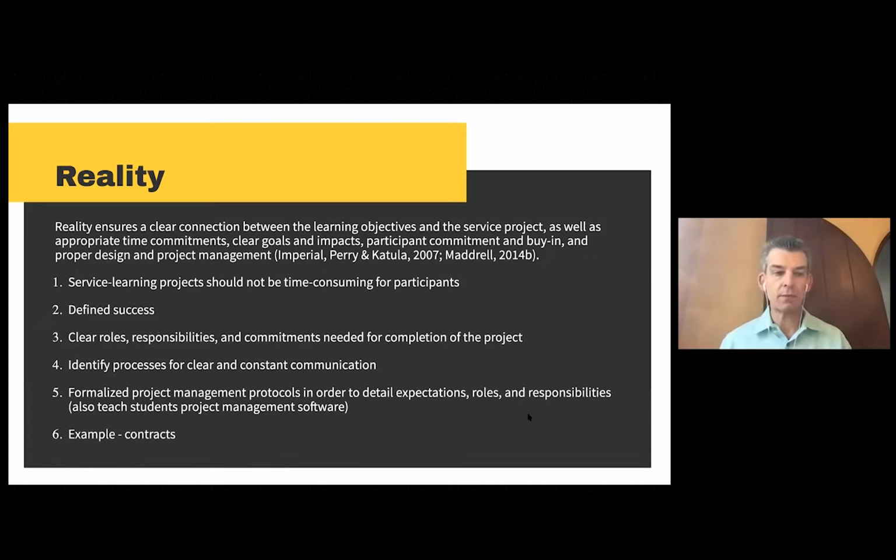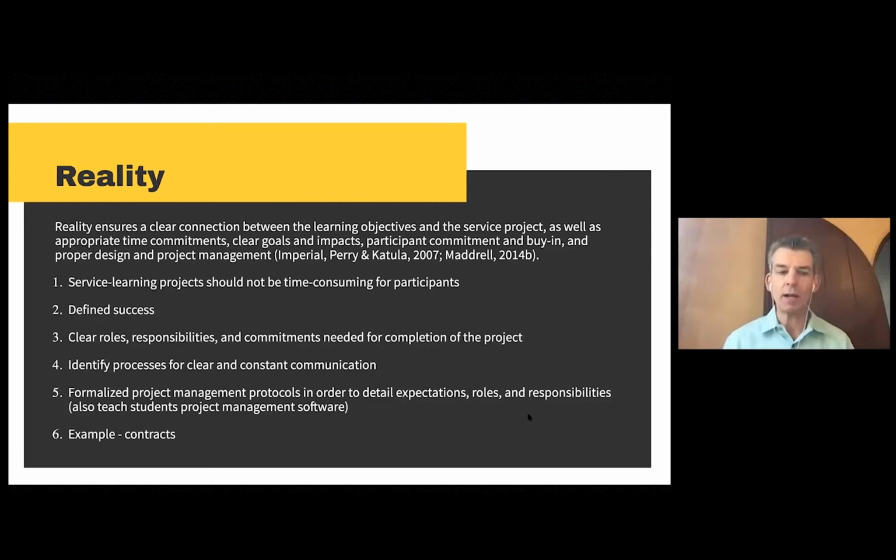There are 6 different aspects of this reality-based thinking where we want to make sure the projects are not time consuming for any of the participants, the students or the community. How do we define success so that it can be clearly measured? What are the roles, responsibilities, and commitments to make sure we complete the project?